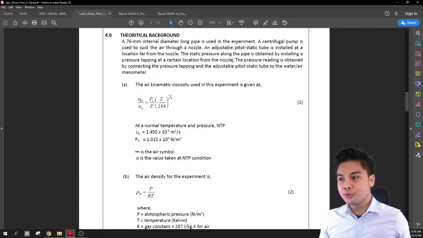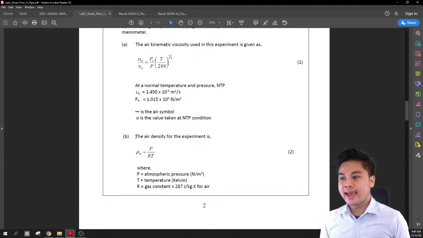The symbol of mu infinity is the symbol for air. Mu air over mu naught, where naught is the value taken at NTP condition, which is normal temperature and pressure, equals P naught over P multiplied by the bracket T over 288 to the power of 7 over 4.